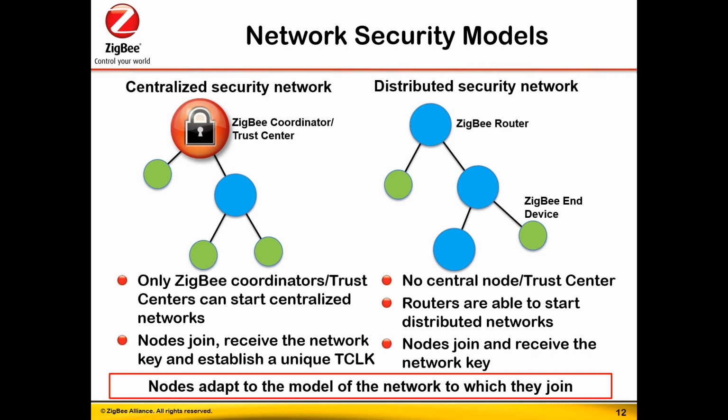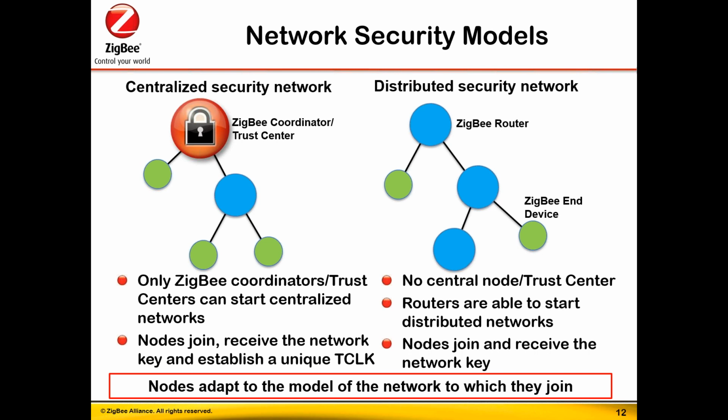Nodes that want to join such a network join using MAC association, then receive the network key, and establish a unique trust center link key with that trust center, and I'll talk a little bit about that later on.